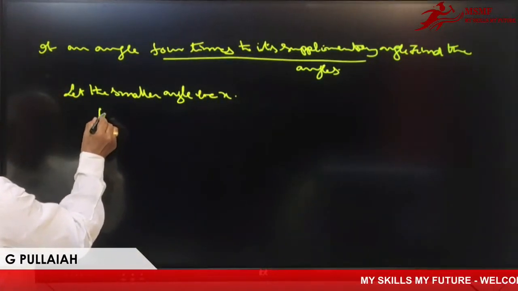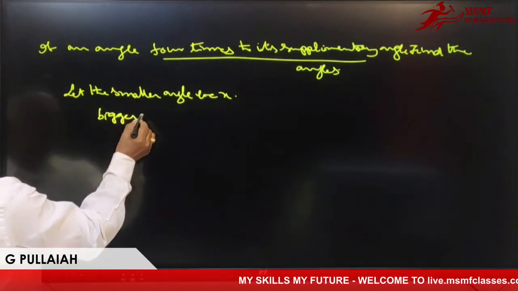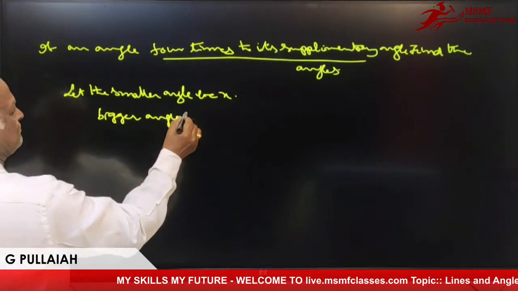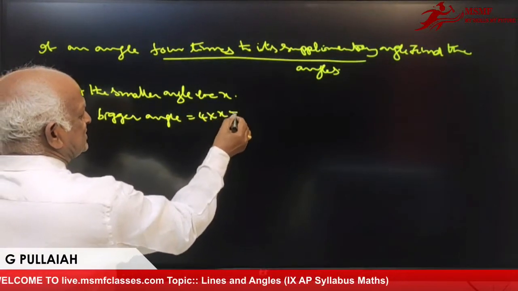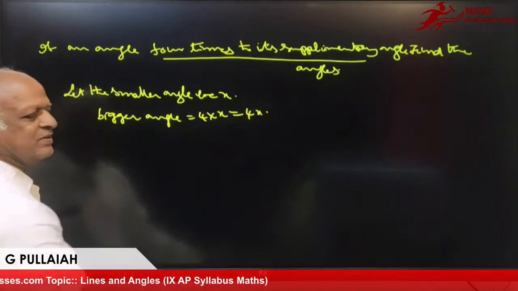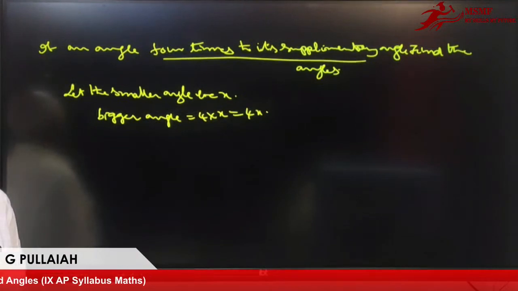Therefore, the bigger angle is 4 times x. Times means multiplication, 4x. These two are the supplementary angles.